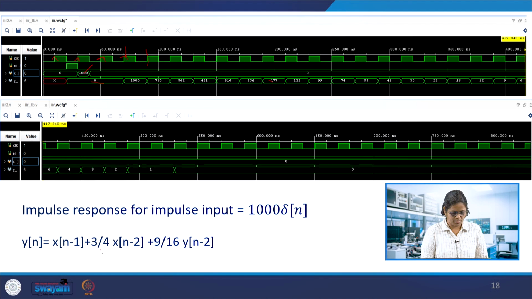How do we handle these coefficients? These coefficients can be obtained from the design, that is, given the specification. First get the analog filter. If the specification is analog, use an analog filter, either Butterworth or Chebyshev, and from that use the discretization process, either impulse invariance or the bilinear transform as we discussed, and get the H of z, that is the transfer function of this IIR filter.